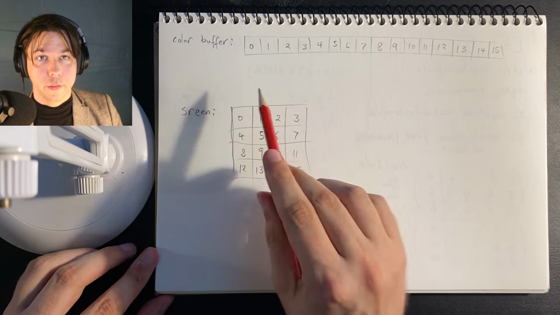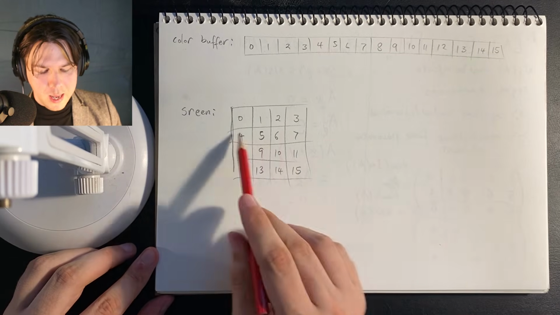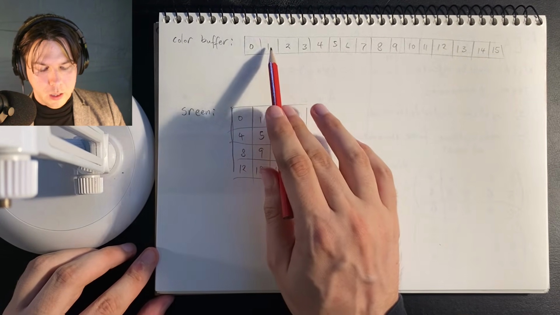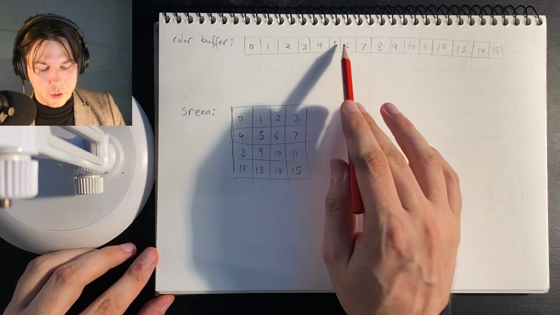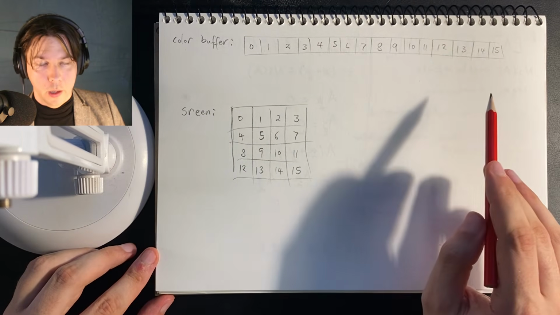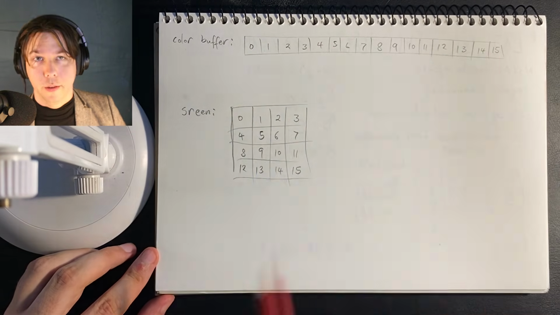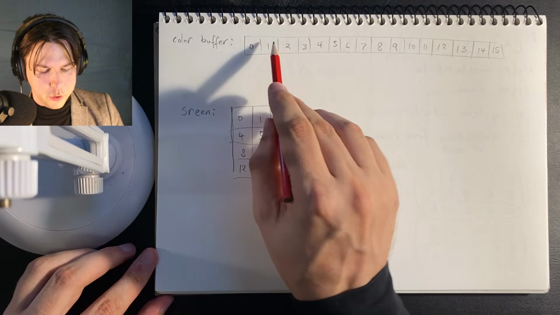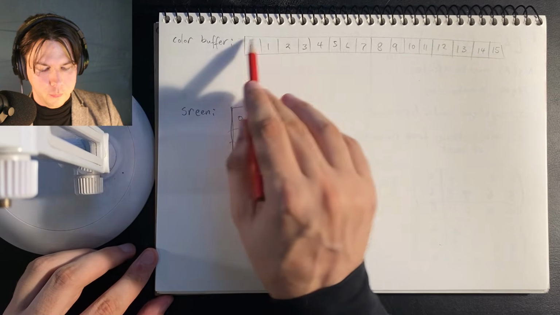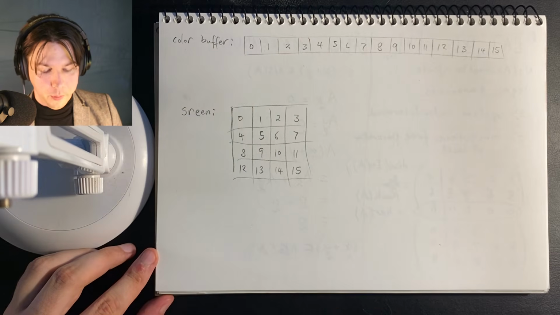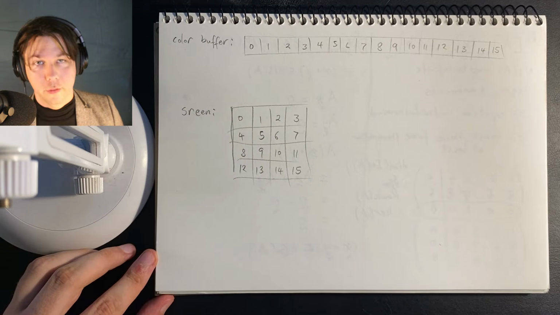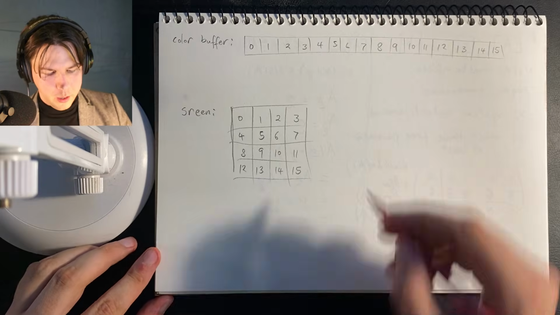And so if we set this in a loop and just keep setting each of these positions in the array to the same number, then what will happen is the whole screen will get set to the whole color. If I set just the first 4 elements of the array to the same number, then the first line will be set to the same color, and so on.